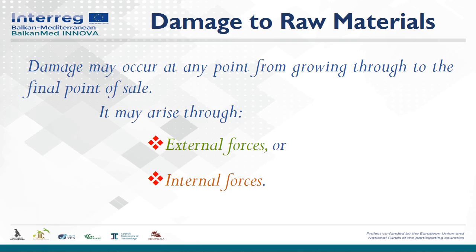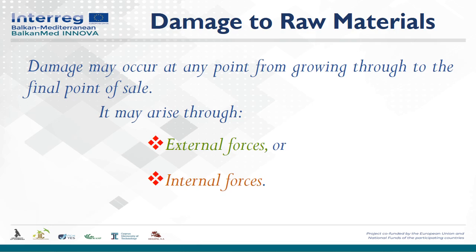External forces include all those indicators that cause mechanical damage to raw materials, such as fruits and vegetables, cereals, etc. For example, mechanical injury results from inappropriate treatment as a result of careless handling, use of inadequate farm equipment for a specific product, improper harvesting process such as overfilling crops, crushing products due to the overweight, etc.